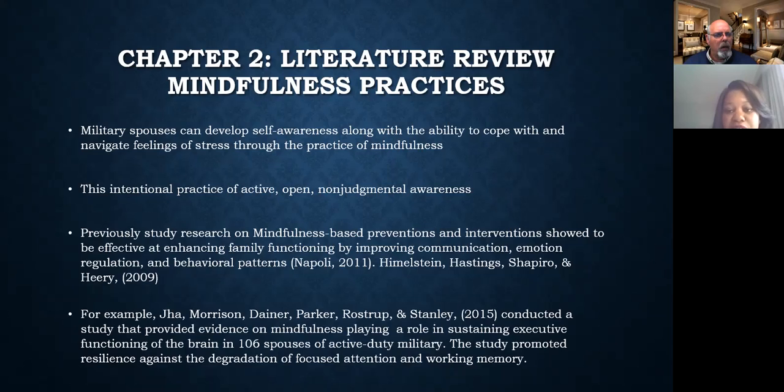Another study suggested that mindfulness played a role in sustaining brain function. And in that study, there were 106 spouses, and those spouses were seen to have some type of resilience where mindfulness practice promoted the degradation of attention as well as working memory.